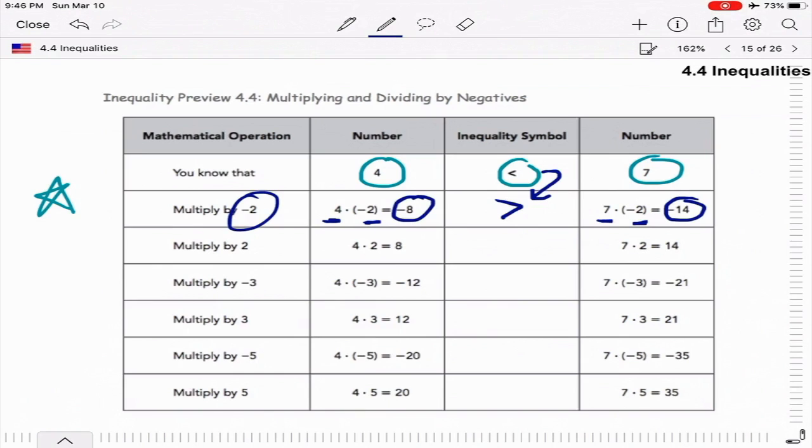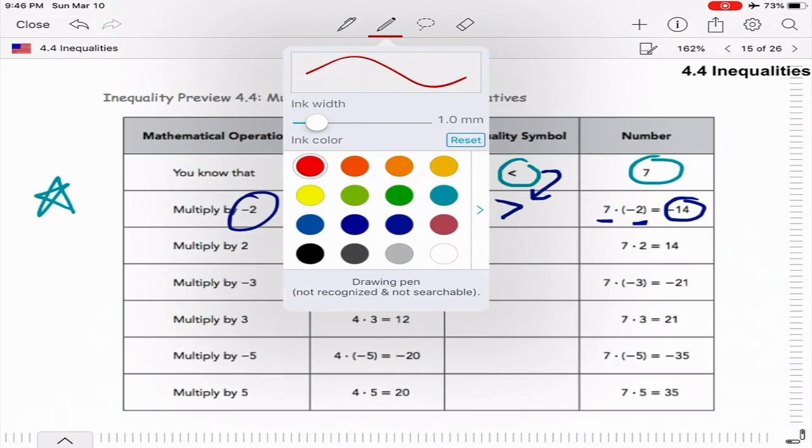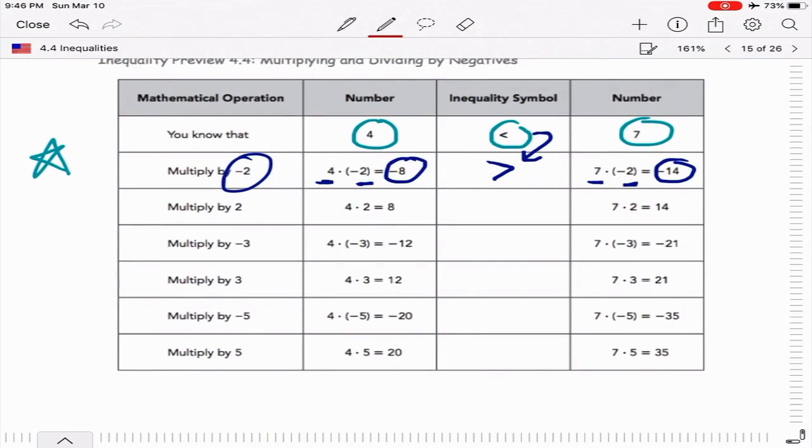We're going to do one more, and then I'm going to move on to a better example. Once again, you take the basic 4 and the basic 7 from the first problem. This time we're going to multiply by +2. 4 times 2 is 8, and 7 times 2 is 14. In this problem, which one's bigger? 14 is. Notice here how the inequality didn't change.